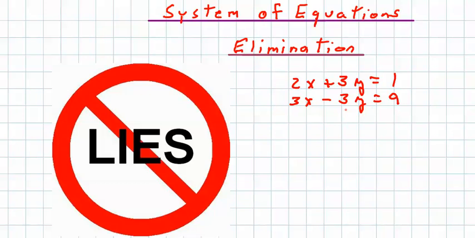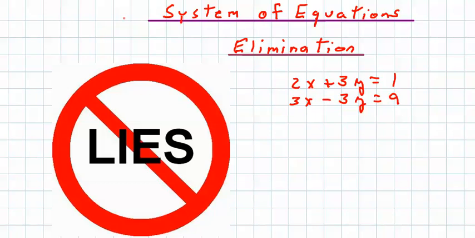Now, since 3x minus 3y is equal to 9, I can add the 3x minus 3y to the left side, and I can add the 9 to the right side. Just like adding 3 and 3 or subtracting 3 and 3, I can add this to one side, that to the other side, because they're equal.